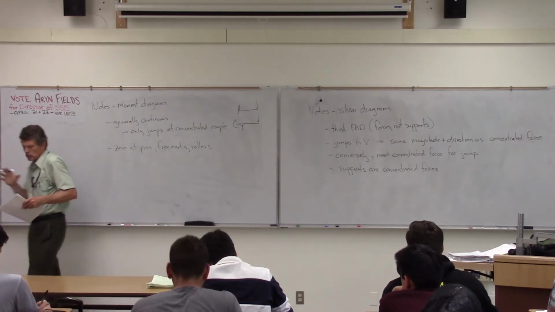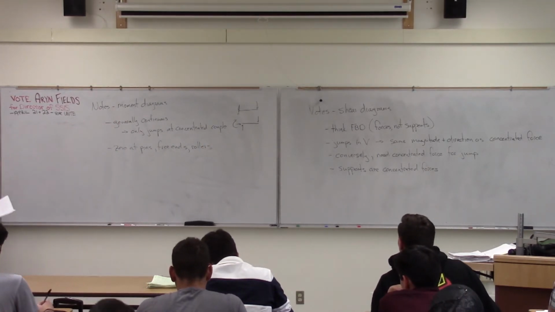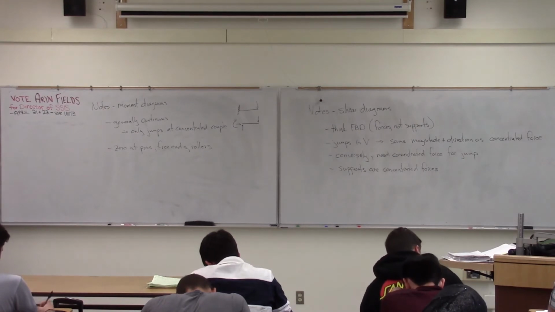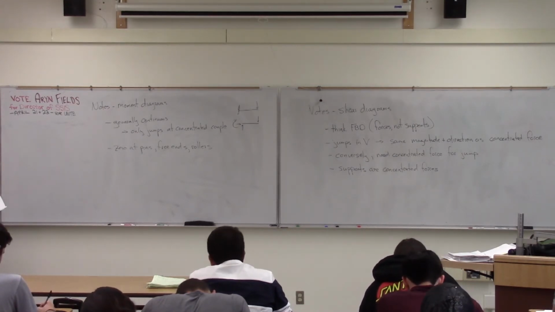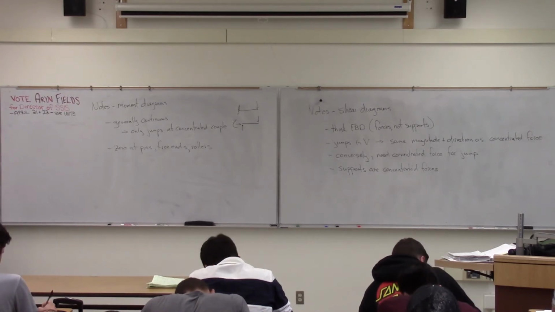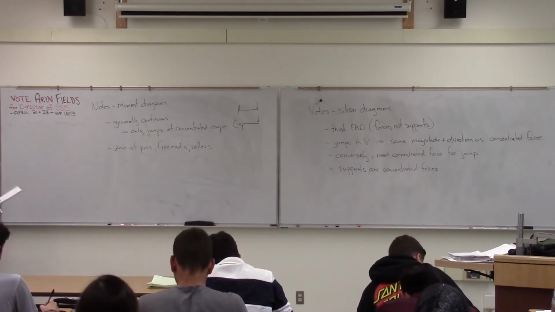Okay, it should be 0 at pins, rollers, and free ends, because there's nothing there saying I'm going to stop you from rotating. Those pins, rollers, free ends basically rotate.